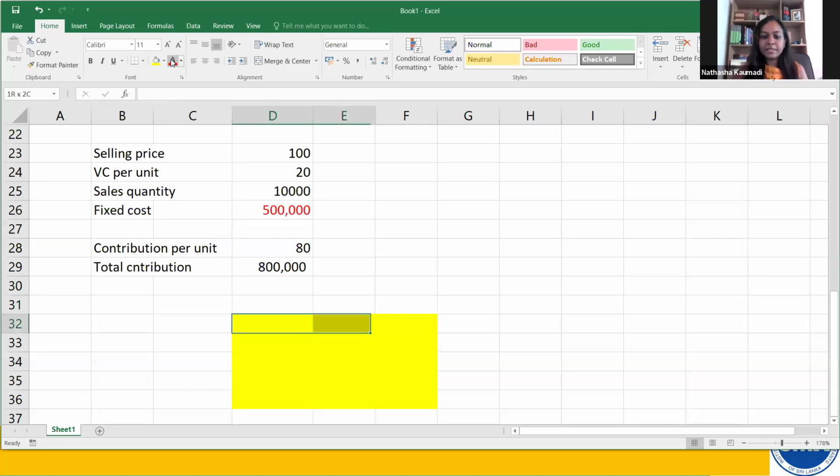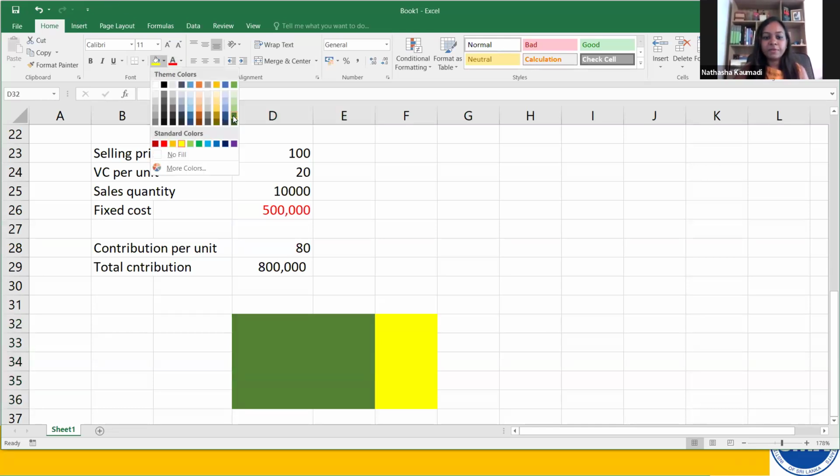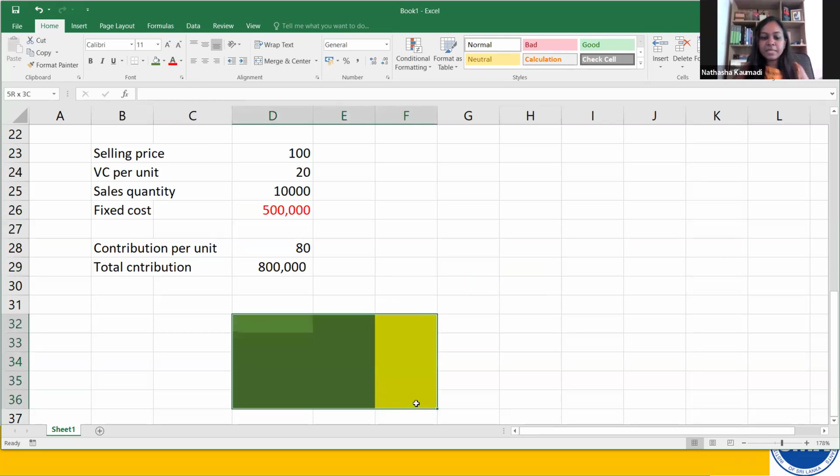Now, if I take this area as the 800,000 rupees, and then this is the fixed cost of 500,000 rupees. This total area was 800,000 rupees. That was our total contribution after removing the variable cost.